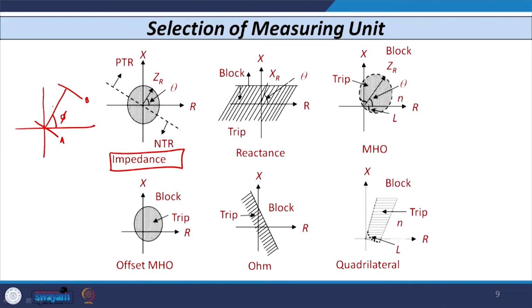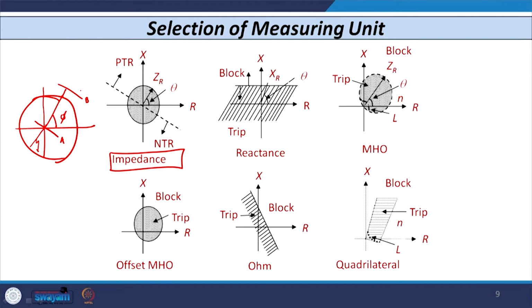If I draw the circle from this point, say this is your 80% region, then if I extend this line vector, any fault that occurs on the reverse side of this relay or bus, the impedance relay also detects or senses this type of fault.